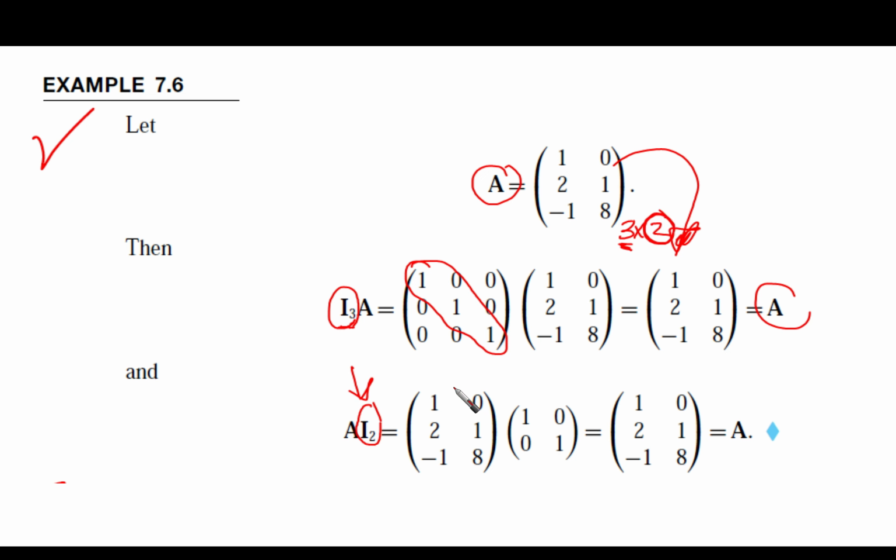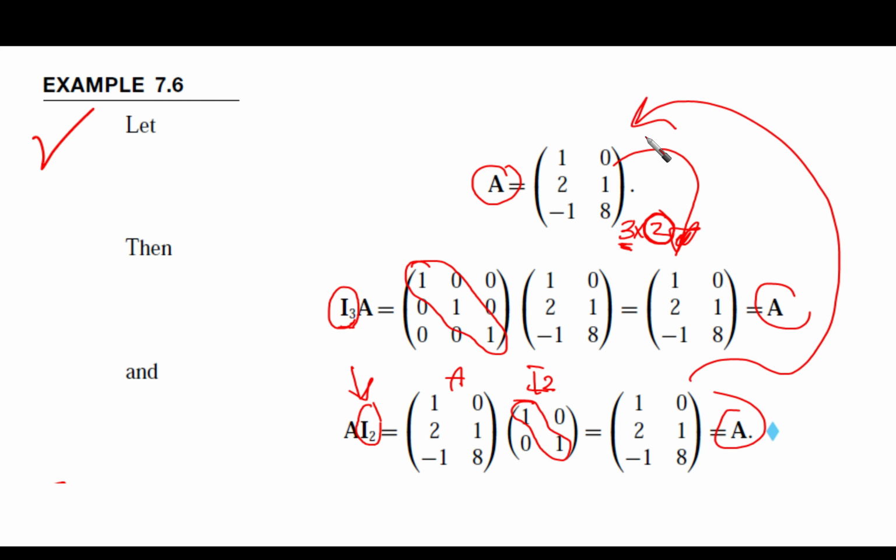This is A, and this is I_2, the identity matrix with only ones on the diagonal, and we are going to have exactly the same original matrix A. So take care, this is I_3 from the left, which is the number of rows, and here I_2 from the right, which is the identity matrix multiplied from the right. It should be an identity matrix with the dimension of exactly the columns.